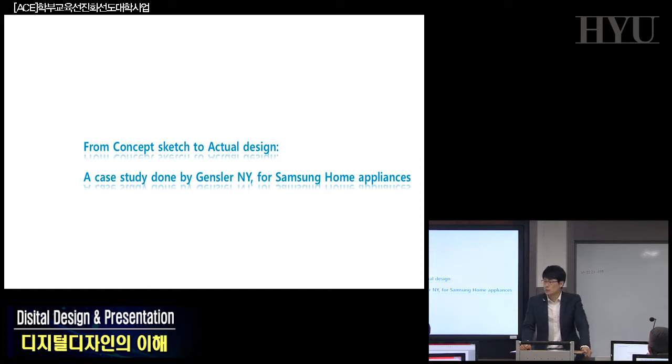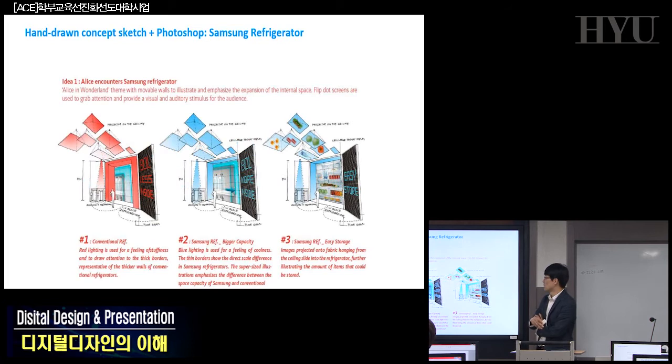Gensler is a world-leading design firm, the top one in the global market. One of my friends is working in the New York office, and he brought me this Samsung home appliance exhibition example as one of his works done last year.